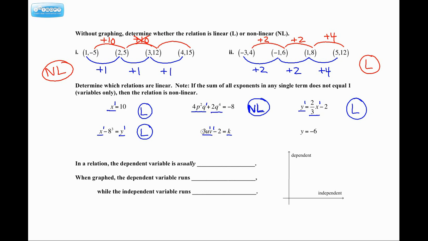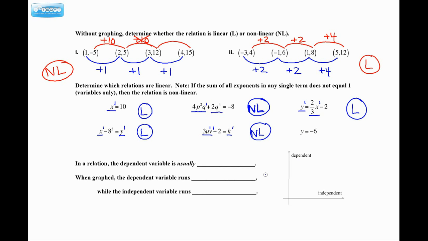So the degree of this term is 2. Well, that's not equal to 1. So right away I know this is nonlinear. Okay, this k, that's an invisible 1. But as soon as we have one term that does not equal 1, then the whole thing falls apart. Okay, it's nonlinear.